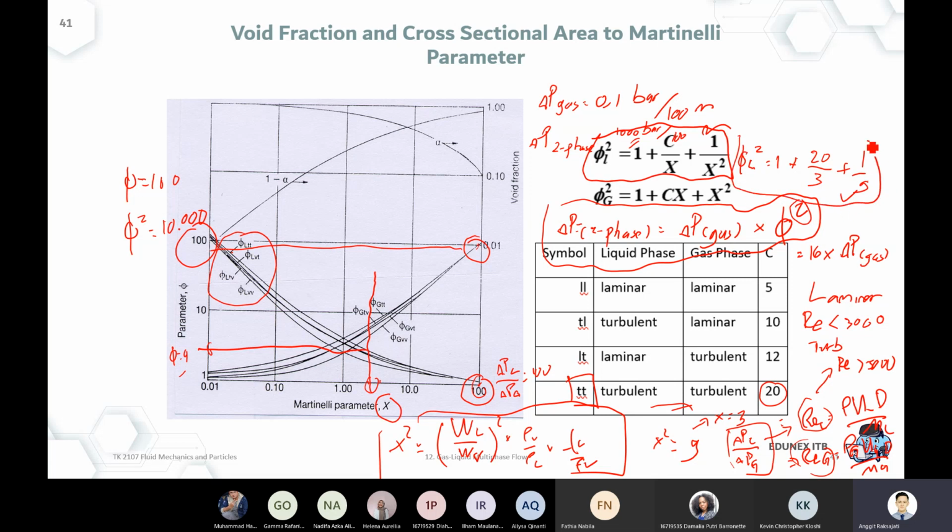So now I get that my phi L square is 1 plus 6.7 plus 0.1 something. So roughly it's around 7.8. Okay, now I get the phi L square, the two-phase flow modulus for my case, is this number.